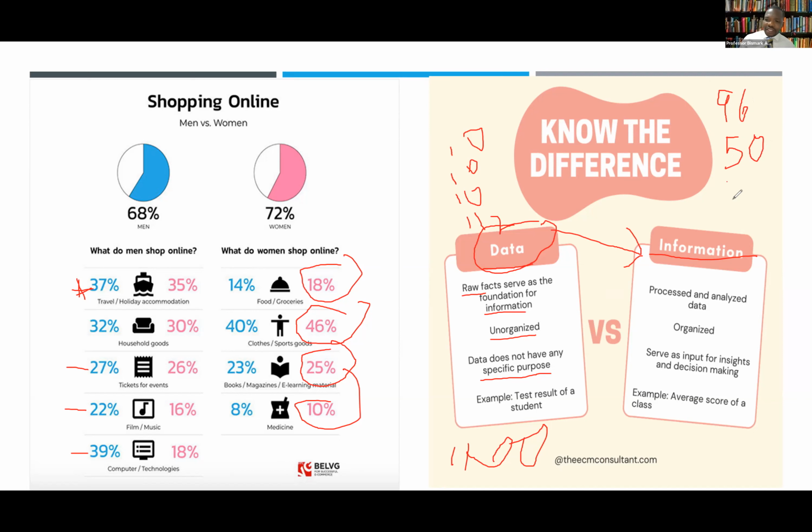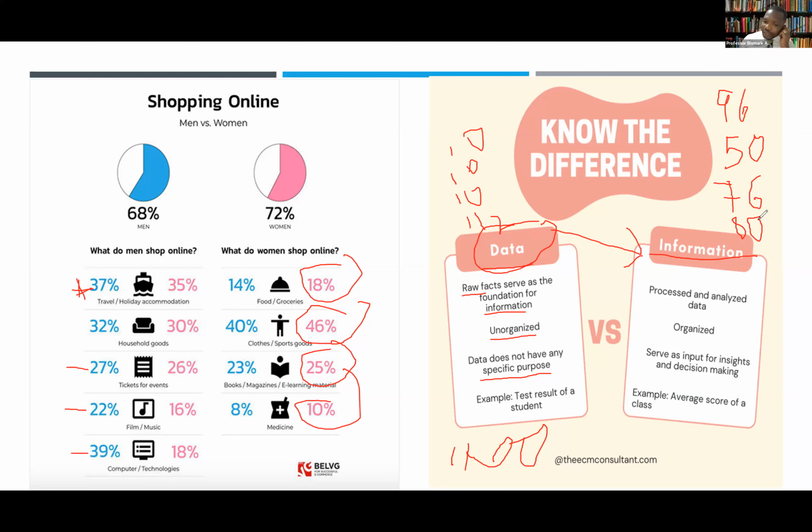Ava received 76. Dallas received, let's say, 80. These are all different test scores. They don't really mean much, right?